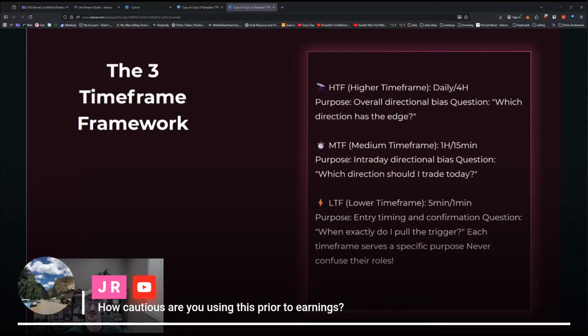Earnings are one big bag of changing the potential trajectories. There's a lot of new data coming out, a lot of new volume, a lot of new people entering to play earnings, a lot of people taking profit into earnings. Everything is in flux essentially.